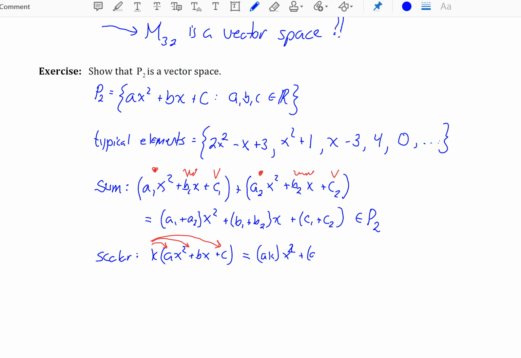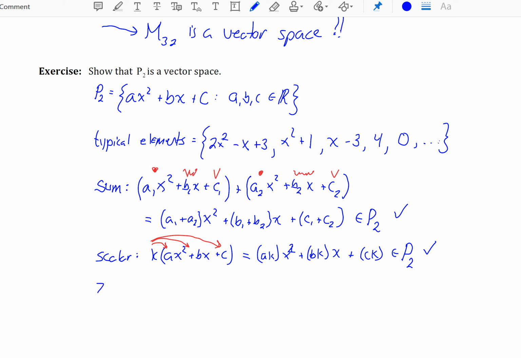So distribute k to each term. But notice that this is still going to be a P2 element. Not R2, P2. So we've showed that it will always satisfy scalar multiplication and addition.